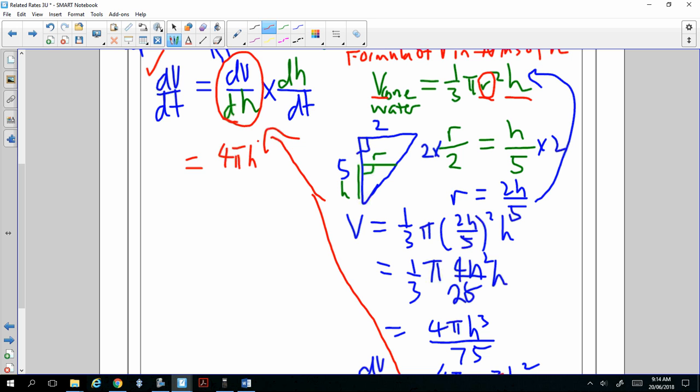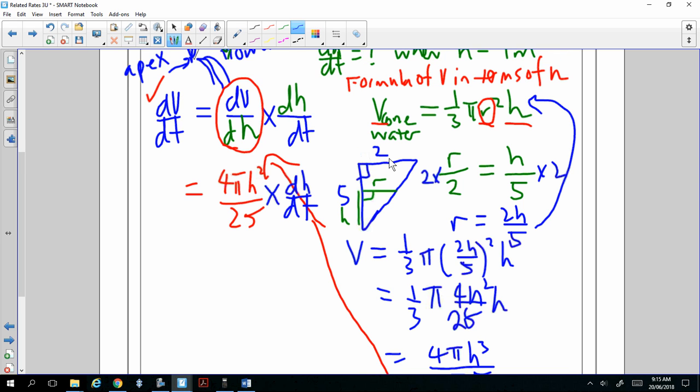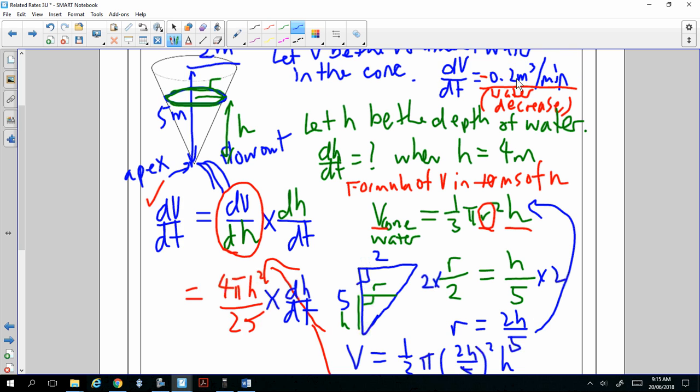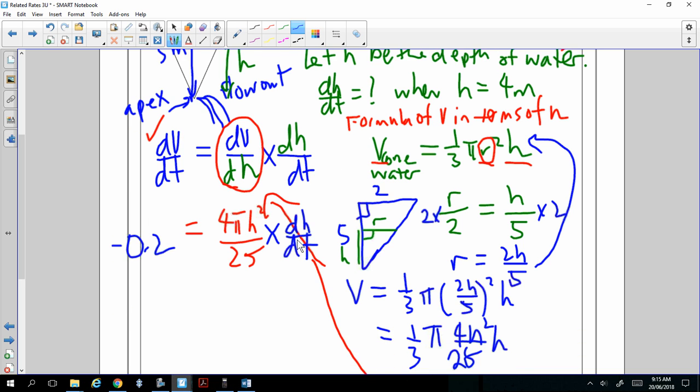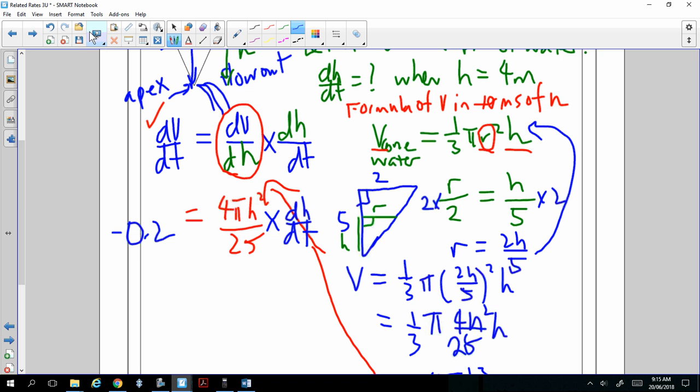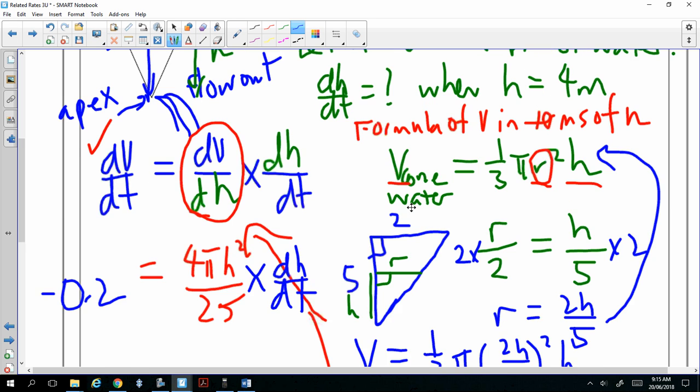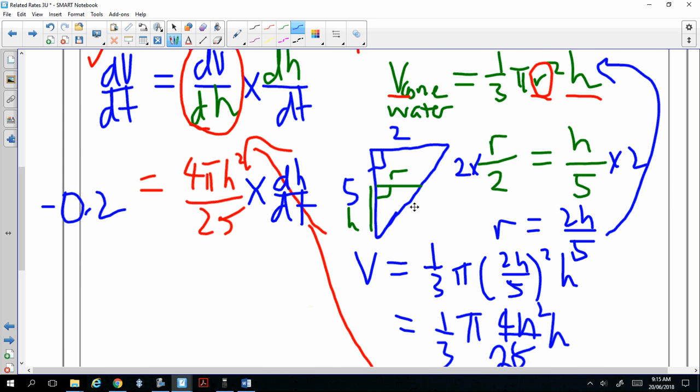But we know what dV/dt is. dV/dt is negative 0.2. Now we just have to solve for dh/dt. So dh/dt can be found by multiplying both sides by 25 over 4 pi h squared, so negative 0.2 times 25 over 4 pi h squared.